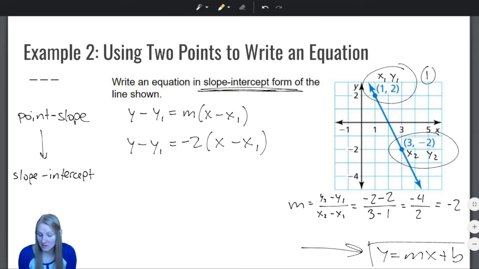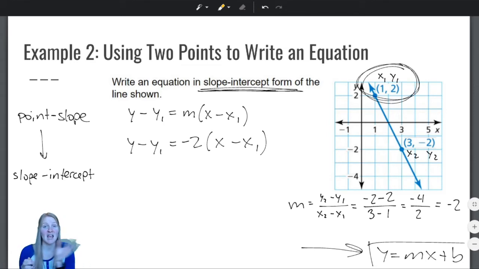We picked this to be point number 1 and this to be point number 2. We easily could have switched these. We would have gotten the exact same slope. We just would have had things in a little bit different of an order.